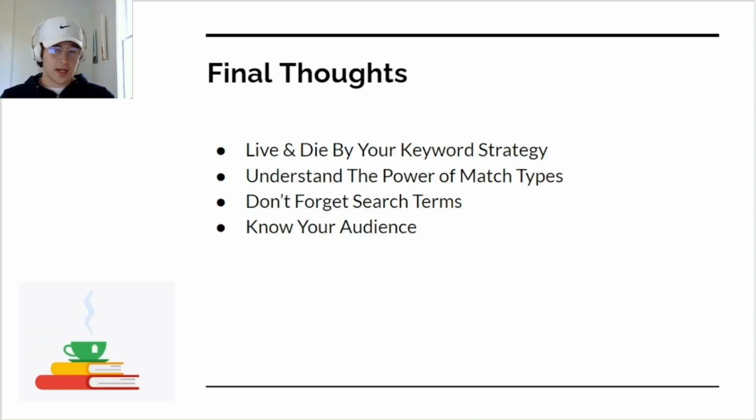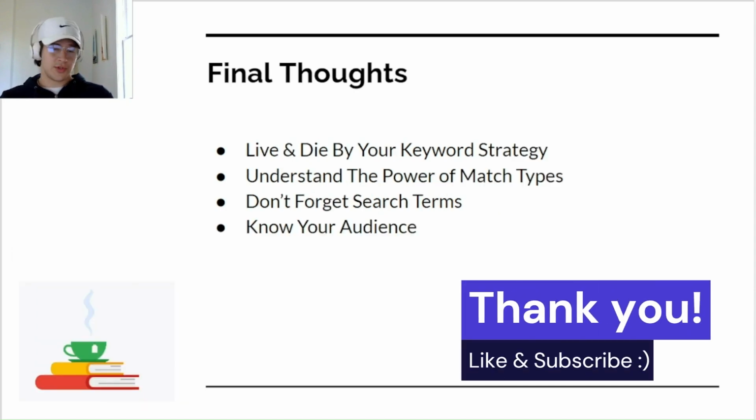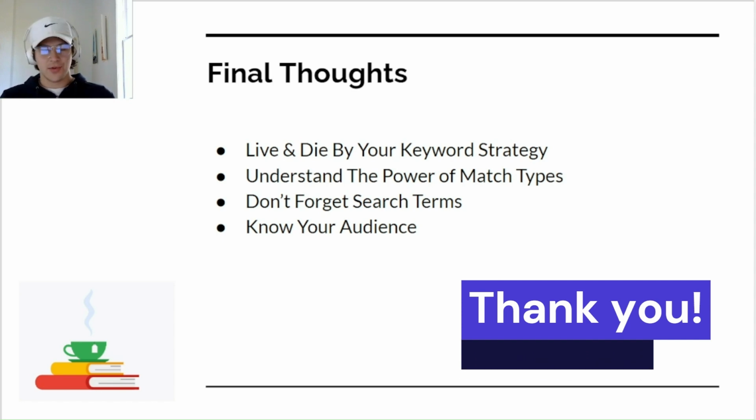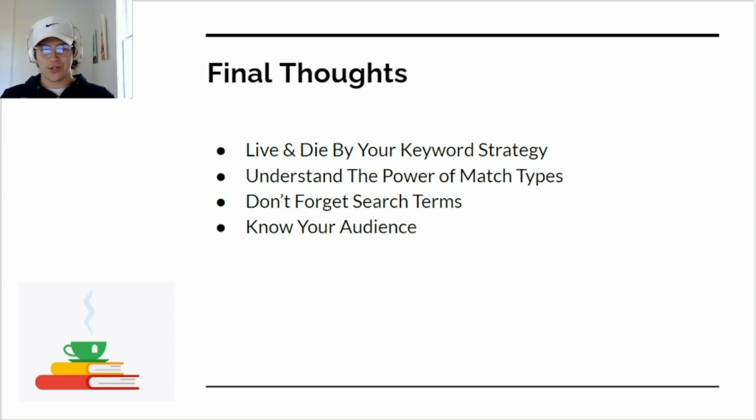Okay, so final thoughts. Again, you live and die by your keyword strategy in Google. Ultimately, it's a search engine, and the keyword strategy is really the lifeblood of these campaigns, right? So make sure you're doing it the right way, and make sure you understand really what these match types are and how to utilize them effectively. Don't forget your search terms report. It's kind of hidden.